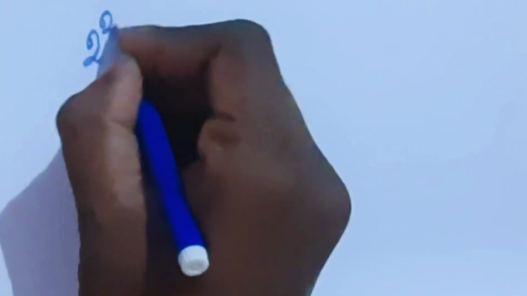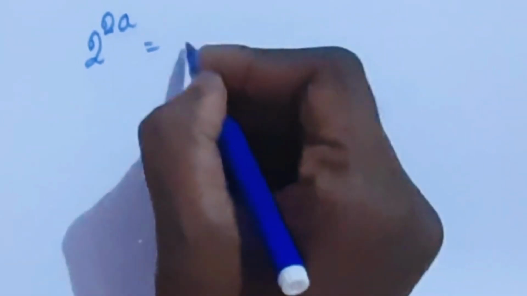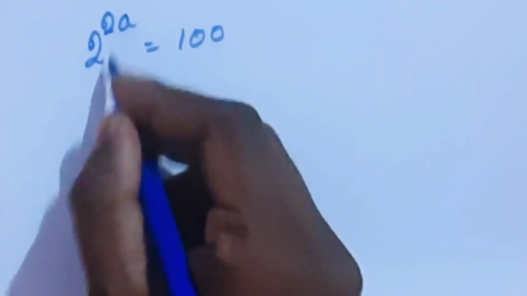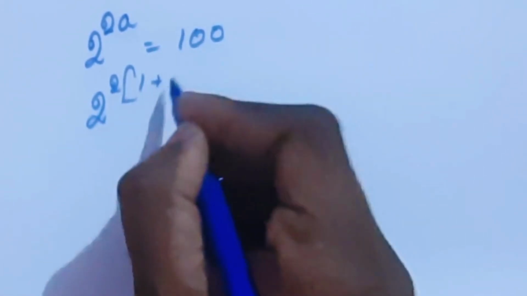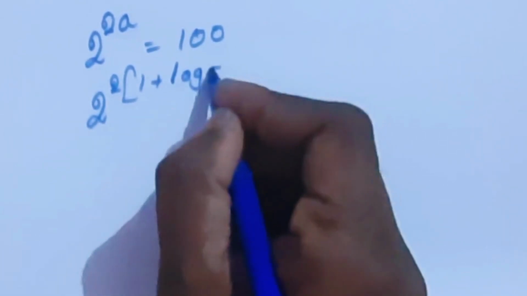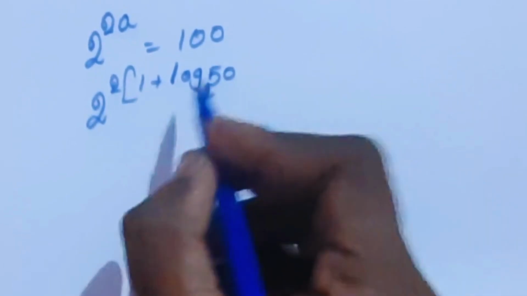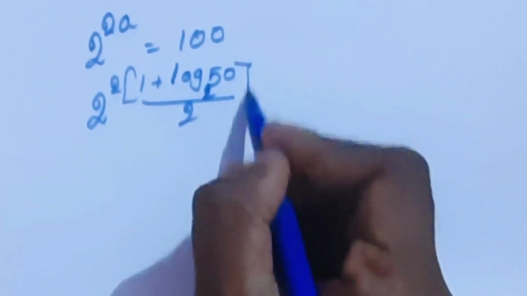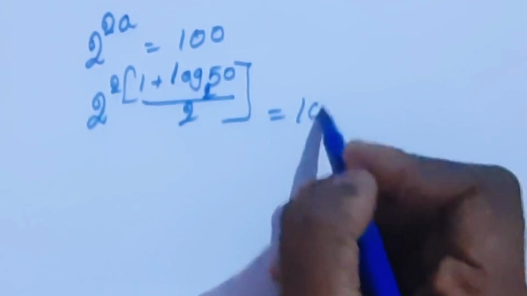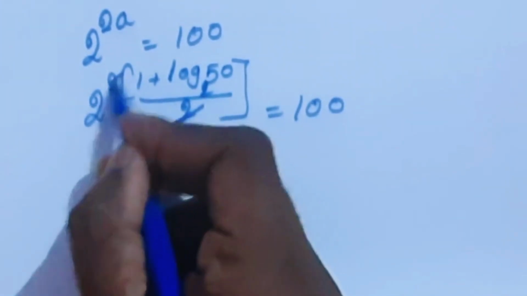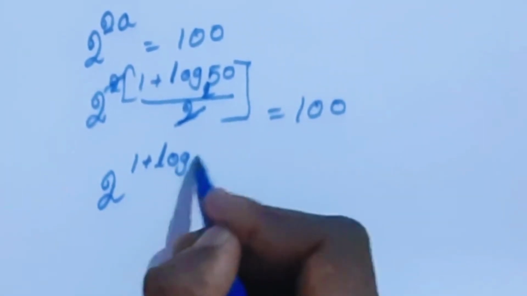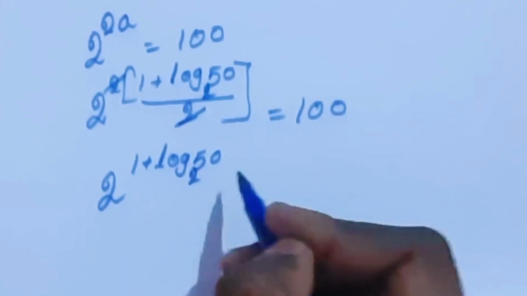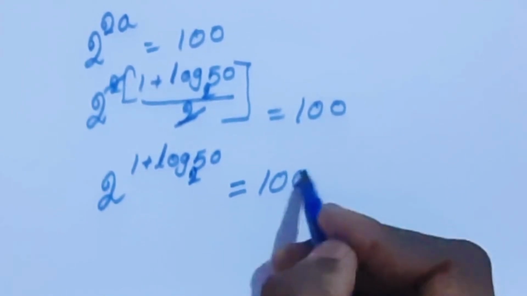Now applying a here, 2^(2 times (1 plus log 50 base 2) whole divided by 2) equals 100. Now this 2 cancels this. So we have 2^(1 plus log 50 base 2) equals 100.